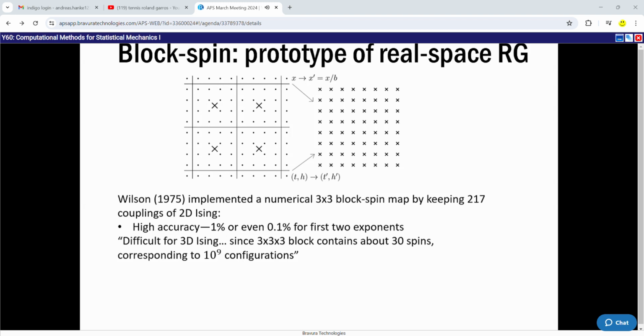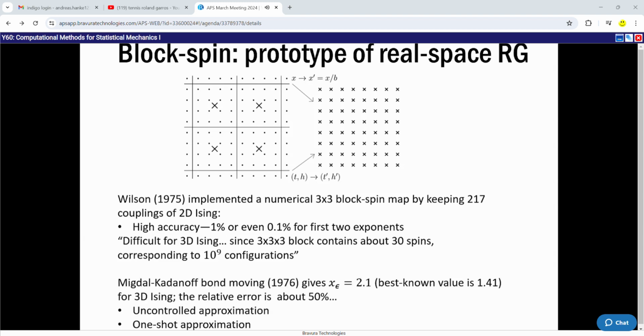However, at the end of the analysis, Wilson comments that this method is difficult for 3D Ising, since a similar block spin configuration will contain something like 10 raised to the ninth power of configurations, which is computationally impractical.